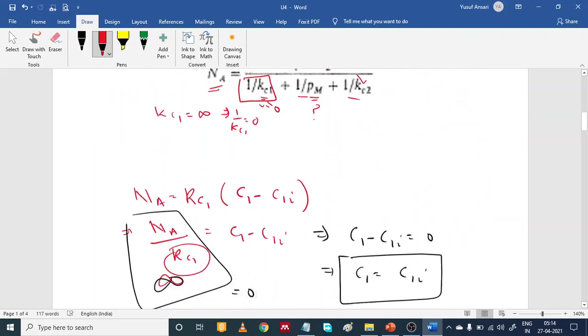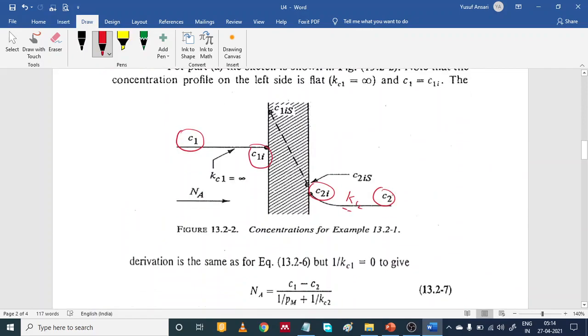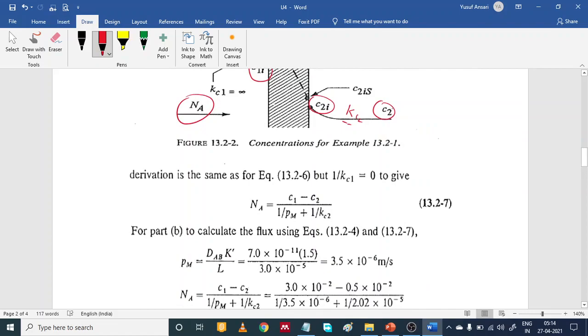Now come to the calculation of Na. For Na we need two things, because we have gone through C1, C2, Kc2, which are given here. We only have to calculate rho m. This rho m is the property of the membrane, found with the help of DAB, K dash and thickness.